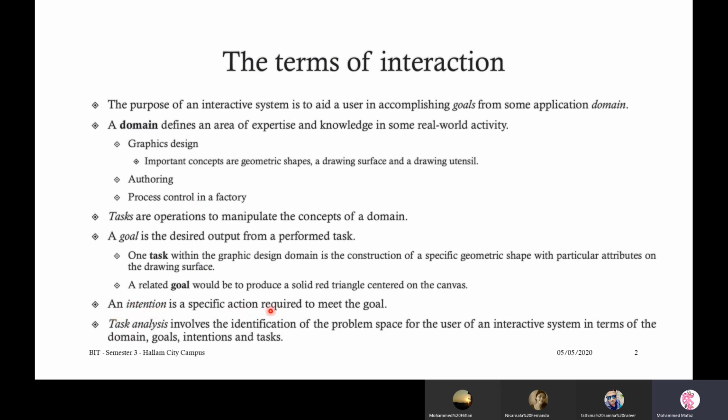Intention is a specific action required to meet the goal. So this is like something you have the likeness. Now, for example, you are thirsty, right? And you get this feeling like you want to drink water, right? So what you see is in the distance, you see a glass of water.